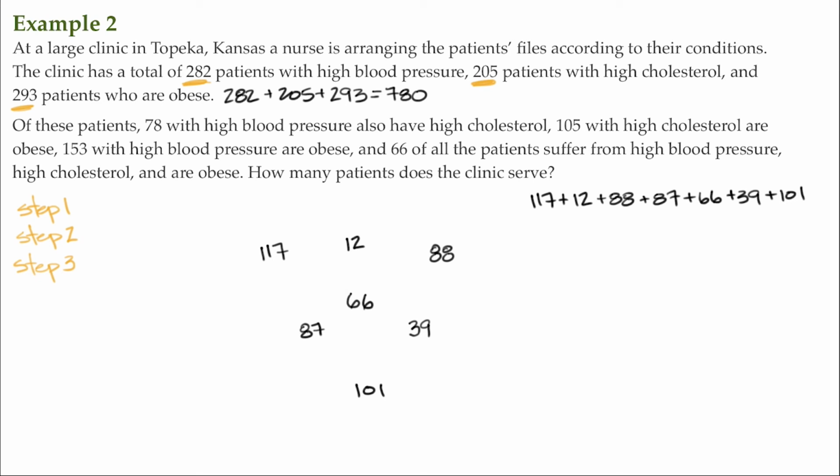Add them all up, and it comes out to be 510 patients, much different than the 780 without taking into account the overlaps that are occurring.